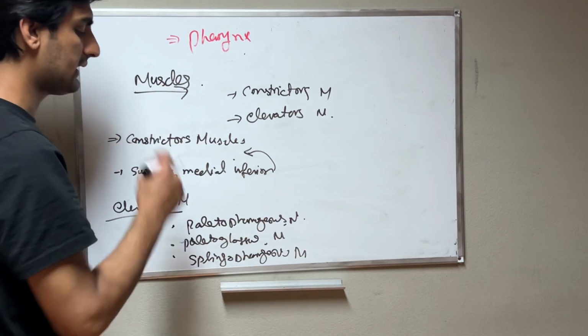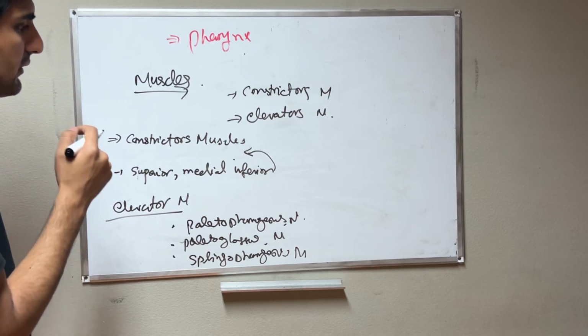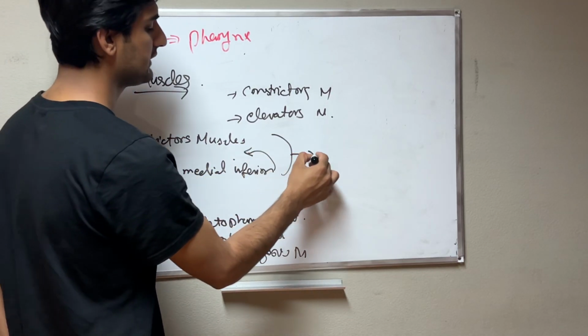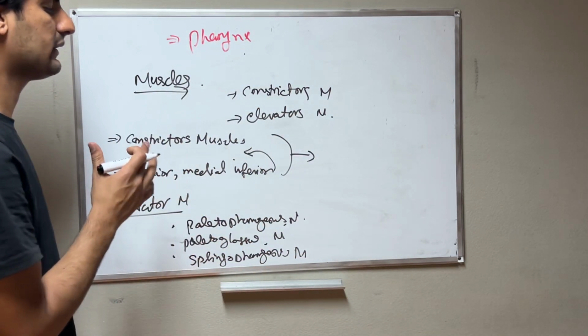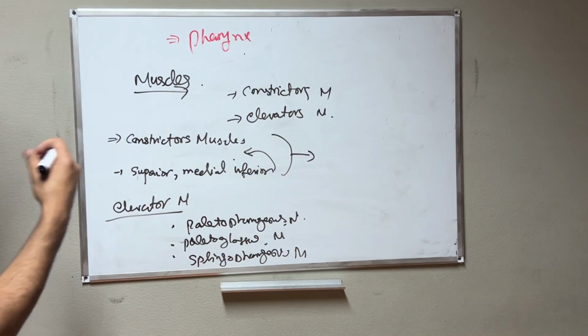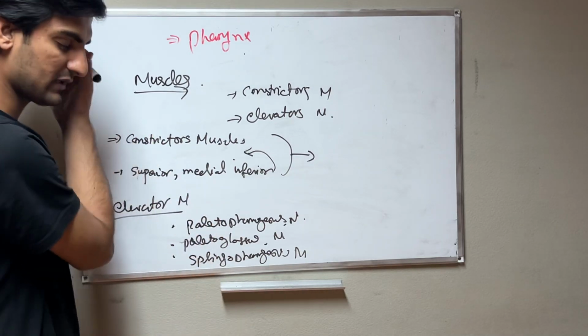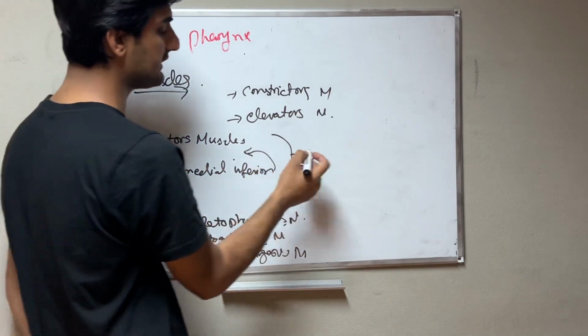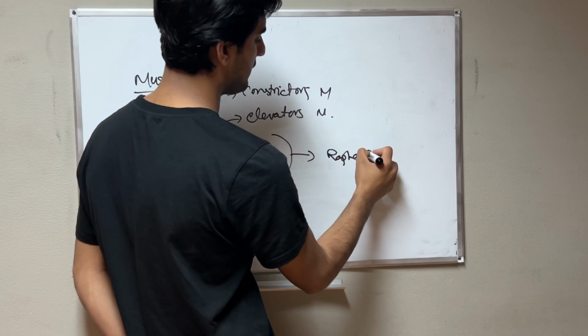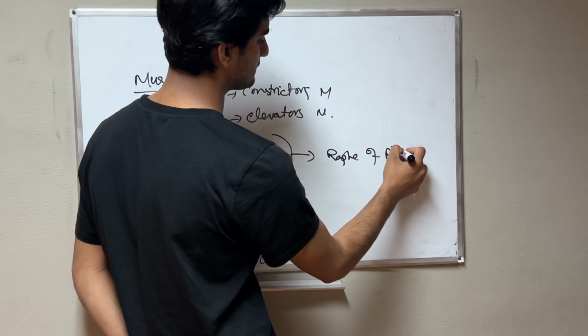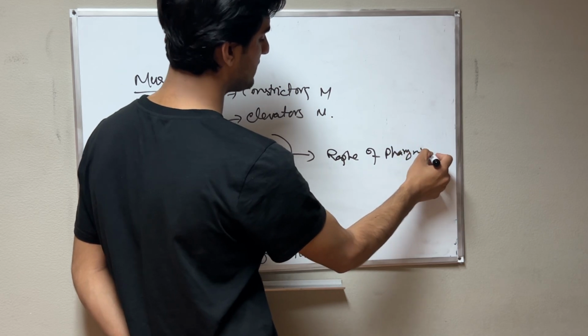And if we talk about the constrictors, this will be very important. We know about discussing origin and insertion, but I just want to tell you for memorization that the constrictor muscles insert only in the raphe of pharynx. This is the insertion.